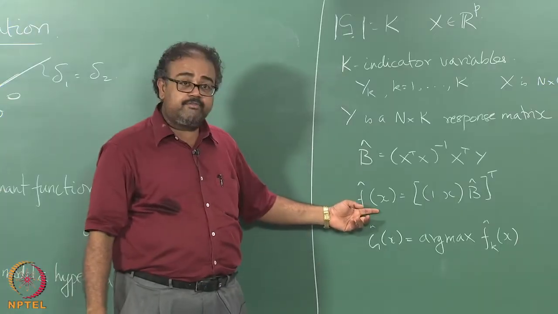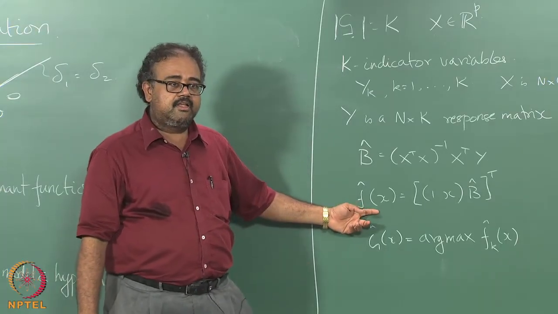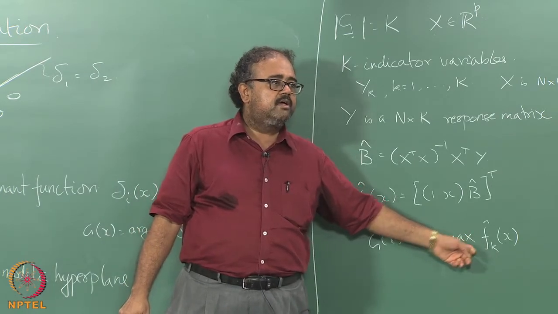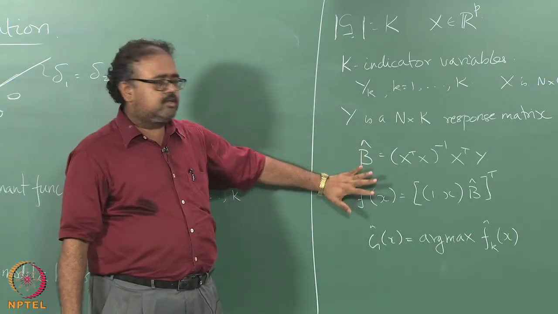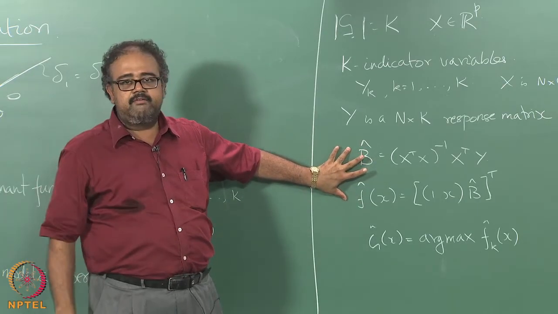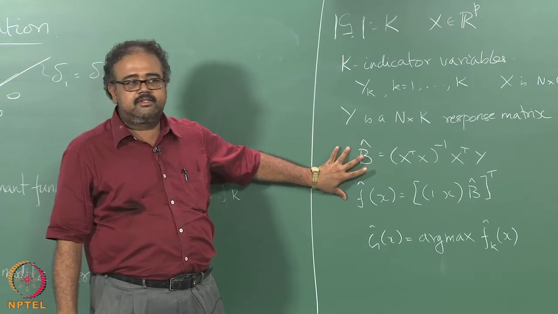So I am going to get a vector of f's, one for each class, and the one that I finally assign is the one that gives me the maximum output. Okay. So I have not done any complex math here at all. The only bit of math here we already saw in the very first linear regression fitting.